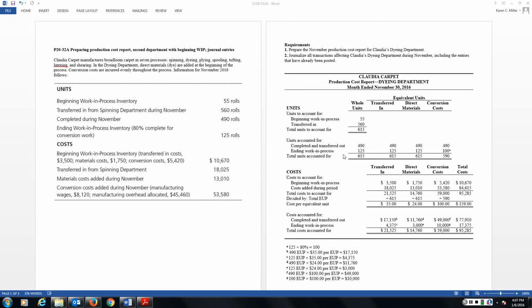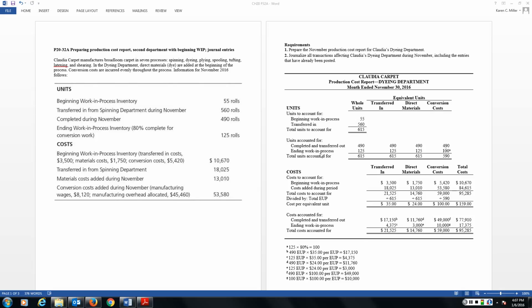Okay, so of the 490 that we started and completed, they were 100% complete with the transferred in number. Ending work in process of 125, they're 100% complete. And so with materials, obviously the completed units have all their materials, and those that are in work in process have all the dye they're going to need. But as far as conversion goes, the completed units have all their conversion costs.